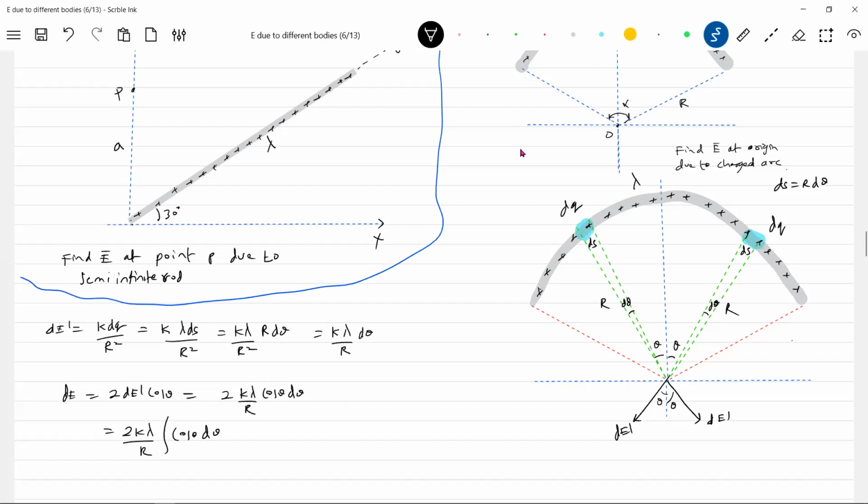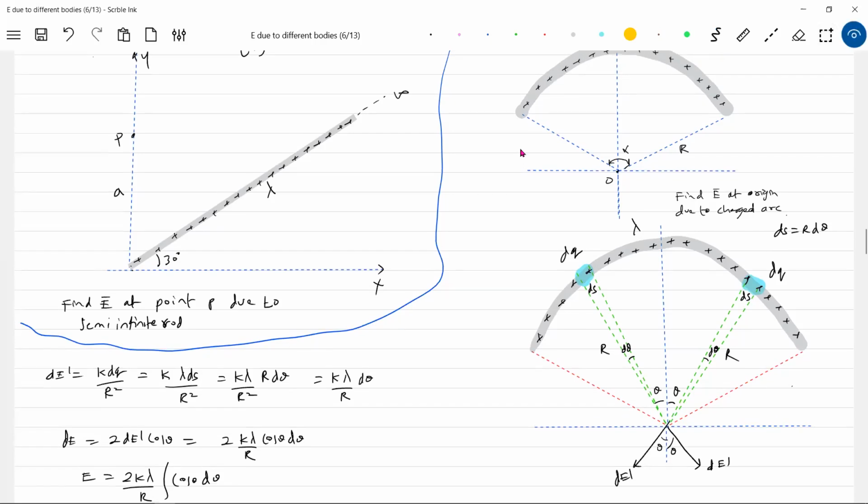What should be the limit? What is the angle subtended by the arc? Alpha. Shall I write 0 to alpha or 0 to alpha by 2? 0 to alpha by 2, because I assumed two elements.